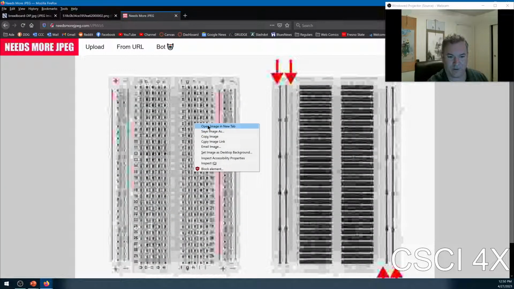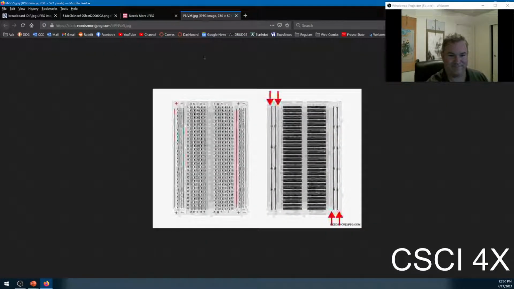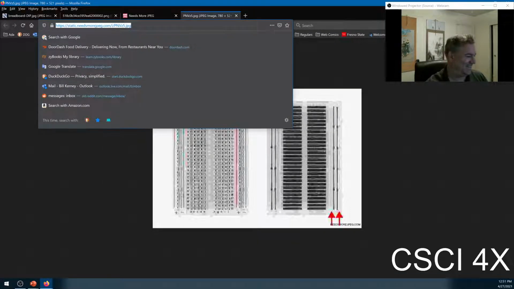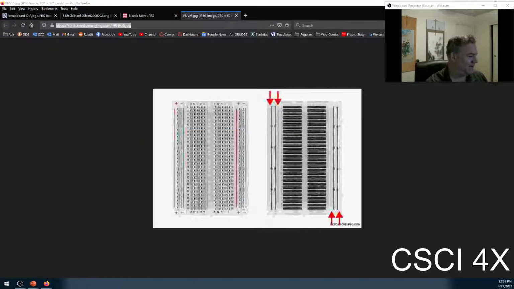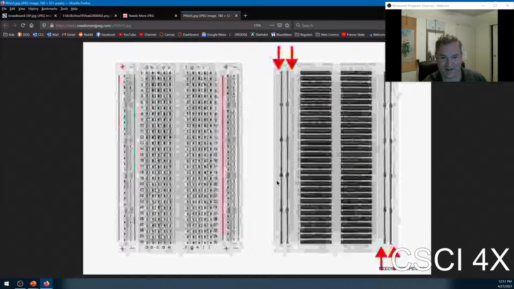There we go. That's much better. There. That's our circuit diagram right there.